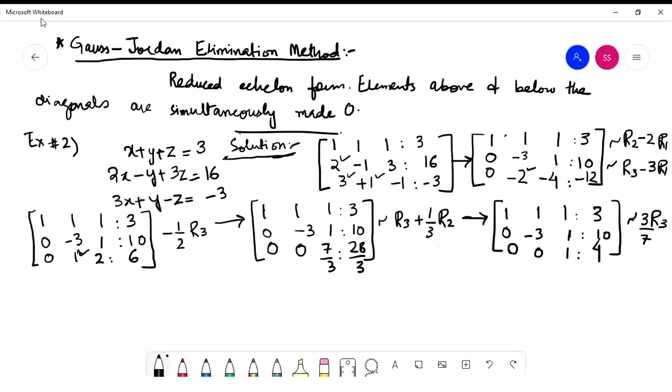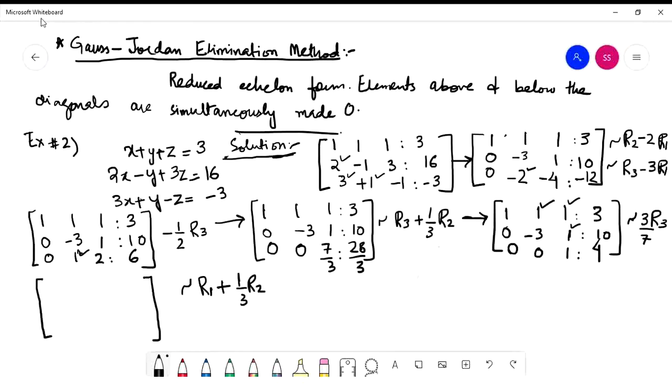Okay, now you have to convert the entries above the diagonal to 0. That's a very easy process. Now first of all, you have to convert this 1 to 0. So what you need to do is change R1 to R1 plus 1 by 3 R2.